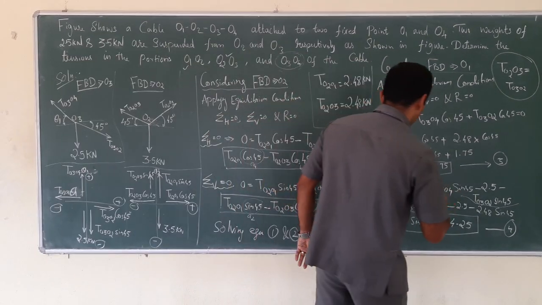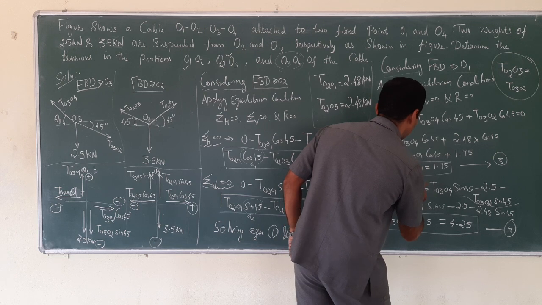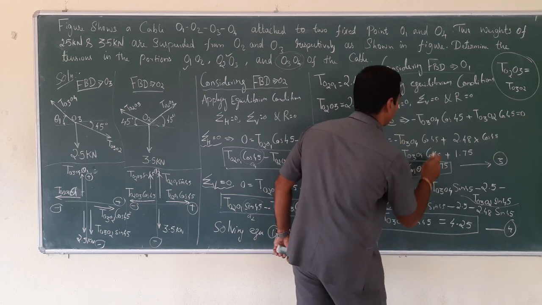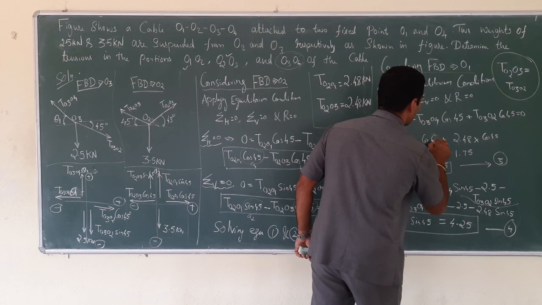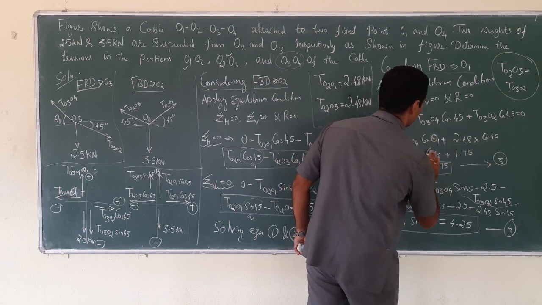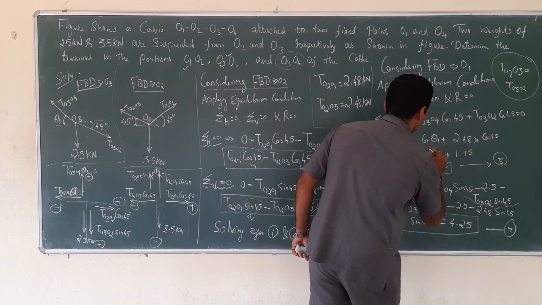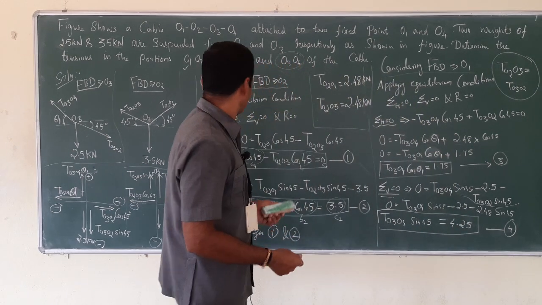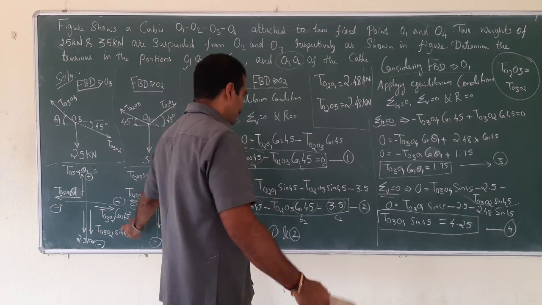So this can be mentioned as cos theta 1. Here this is cos theta 1. Got it? Right, this one is 45.